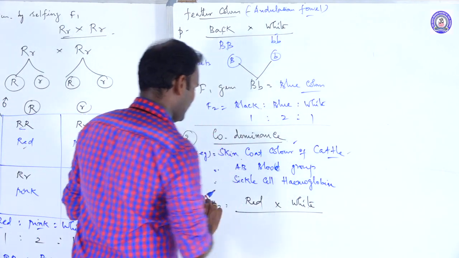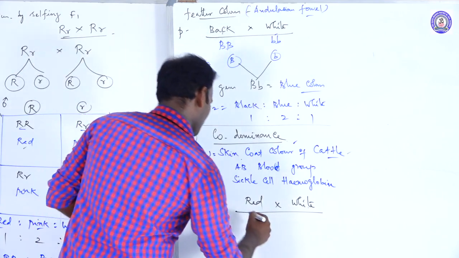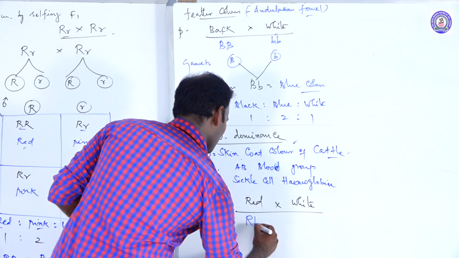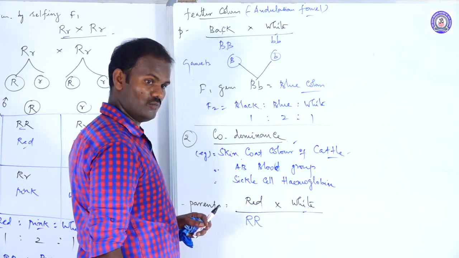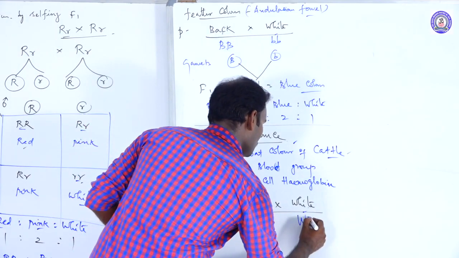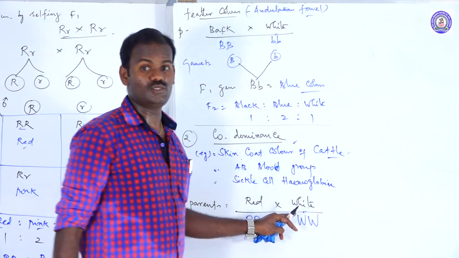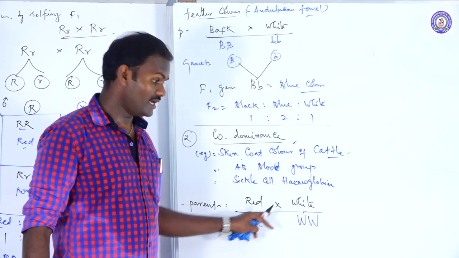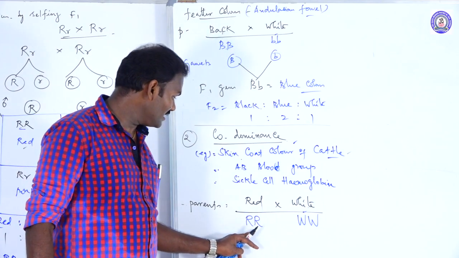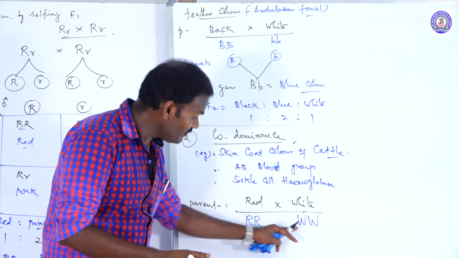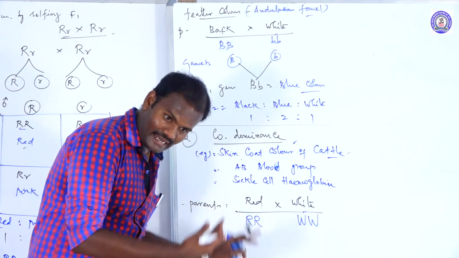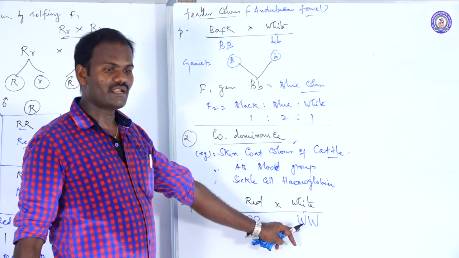Red coat color of cattle is controlled by the gene capital R. White coat color of the skin is also controlled by capital W. It is not a recessive character because both are dominant characters. Both alleles of the parental characters are able to express themselves independently. I mean both the parental characters are expressed. So it is also a dominant character.